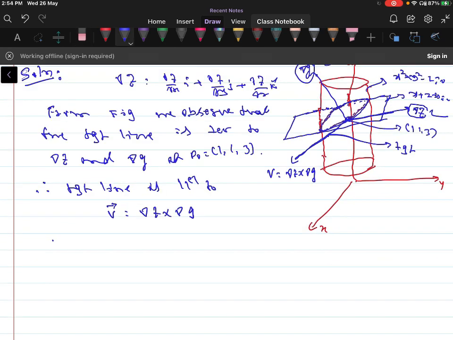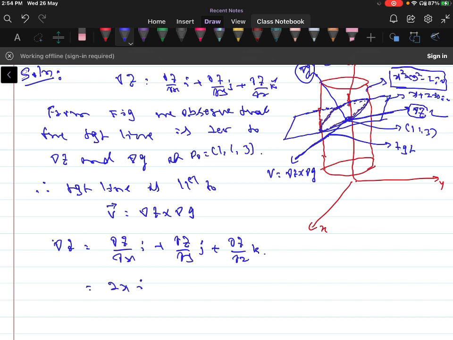Where gradient of f is equal to dou f by dou x i cap plus dou f by dou y j cap plus dou f by dou z k cap at the point P naught. Differentiating the function f with respect to x, we get 2x i cap.